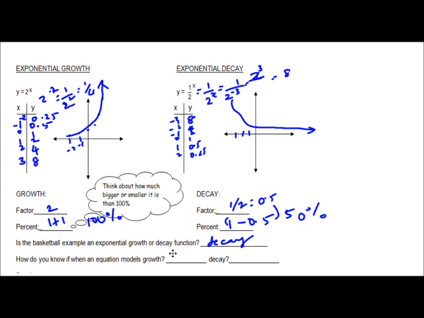First of all, as the x values increase, the y values should be decreasing. That's how you know it is a decay. So let me write, as x tends to infinity, y tends to negative infinity.